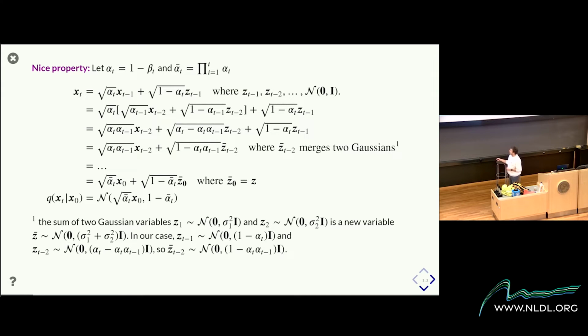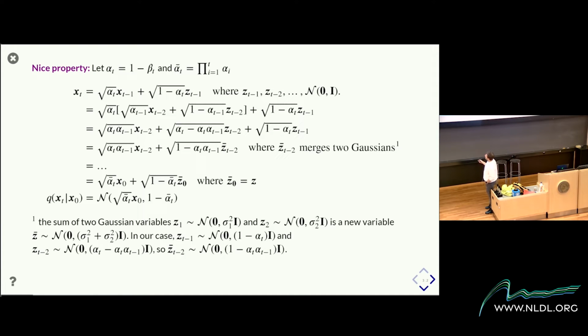Basically, if we have one Gaussian variable, z1, which comes from this distribution with center in 0 with this variance, and then we have another Gaussian variable, which is also centered in 0 but has a different variance, we obtain a new variable, which we call z bar, for example, which is still centered in 0, but now the variance is the sum of the previous two variances, okay?